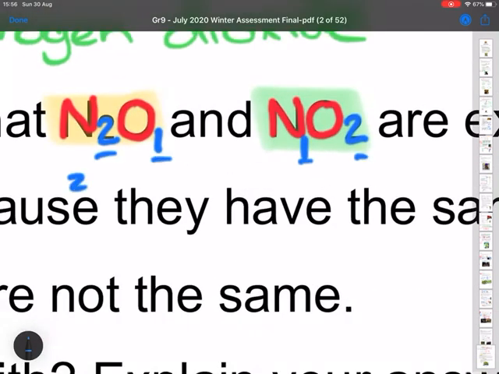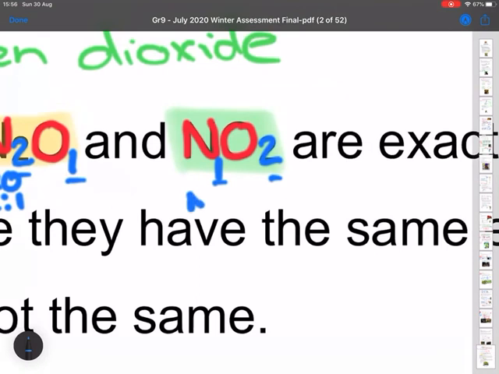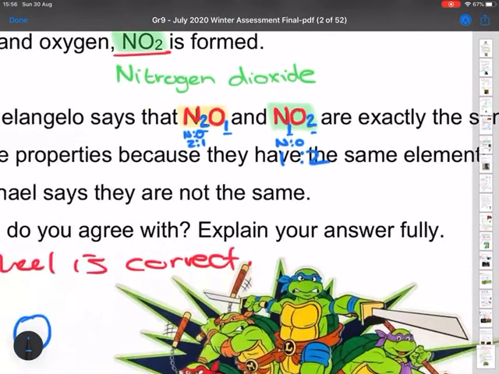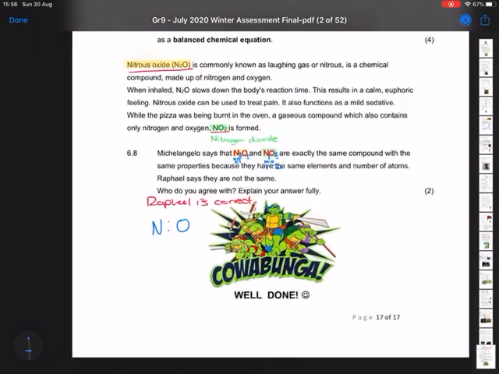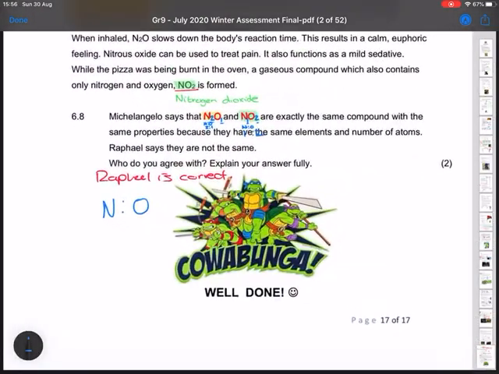So here you've got 2 is to 1 for your N is to O ratio, whereas here you've got 1 is to 2. So they're different ratios. And that's why they're different compounds. They've got different formulas, and they've got different properties.